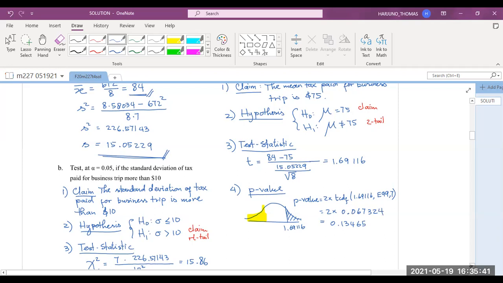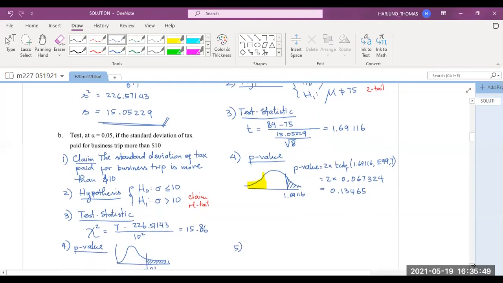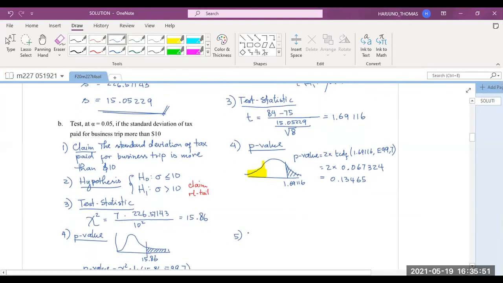Okay, now the alpha is 5% and p-value is greater. So our step 5, I leave some space there for critical value, right? Step 5, informal conclusion. Fail to reject null hypothesis.